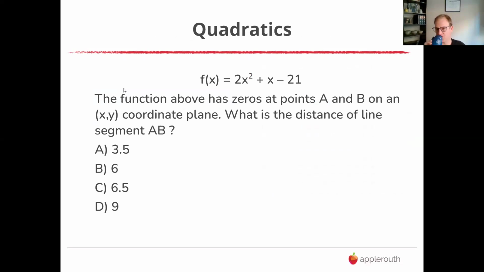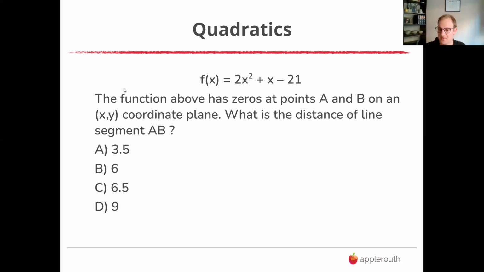Here's a quadratic question. This question is very clearly more difficult than the last one, right? It's algebra 2, not algebra 1. We're dealing with a parabola. It's not that easy to factor. So we're asked for the function has zeros, so x-intercepts at points A and B. What is the distance?